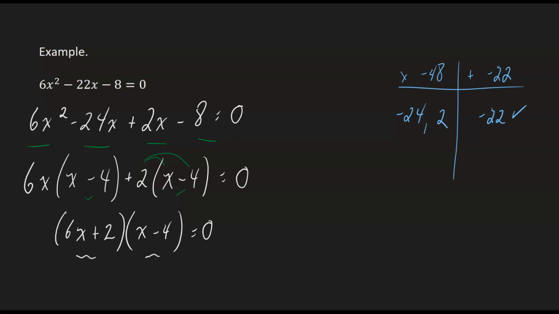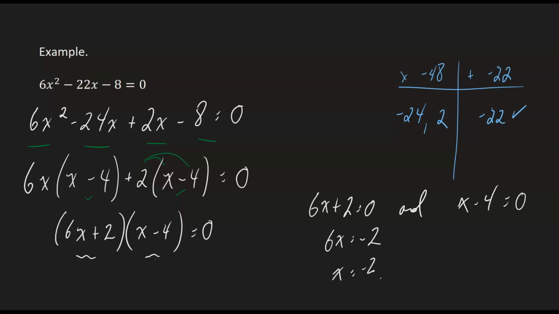One of these, or both, are going to be set equal to 0: 6x plus 2 equals 0, and x minus 4 equals 0. And solve. 6x equals negative 2, x equals negative 2 over 6, which is negative 1 over 3. And in this case, x equals 4. And there we have our roots.